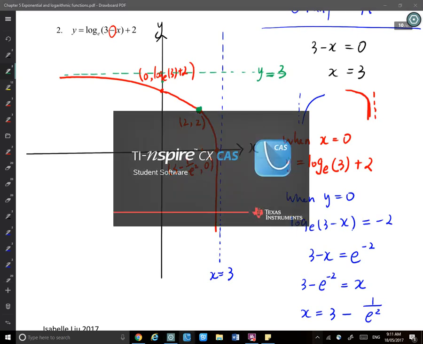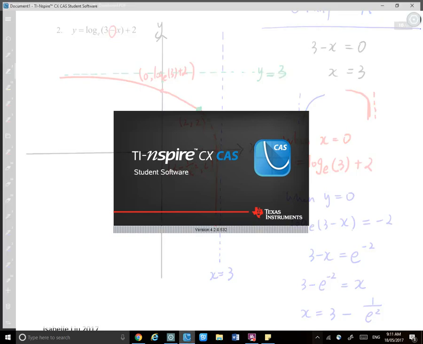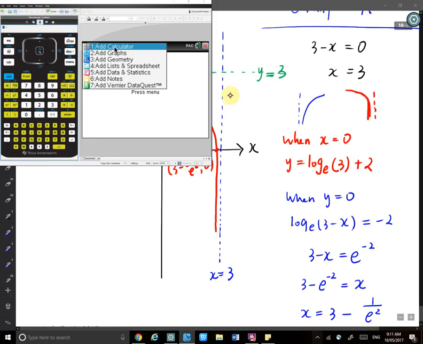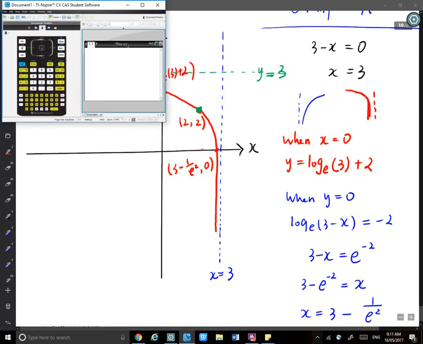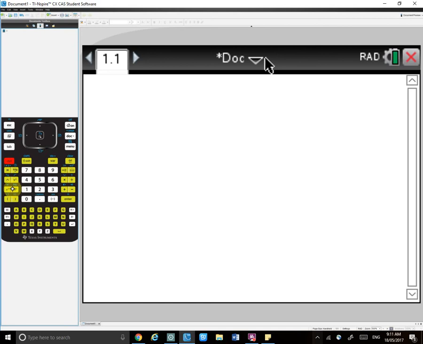Okay, let's have a look at how large that value is approximately.